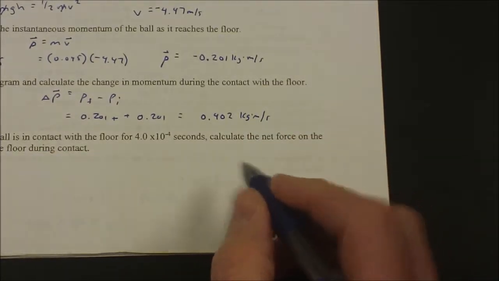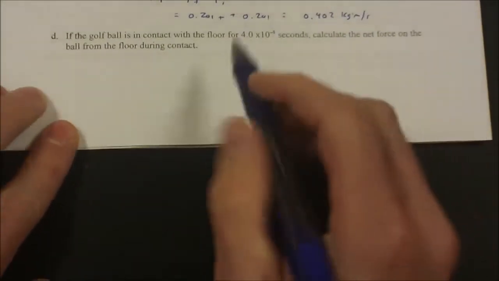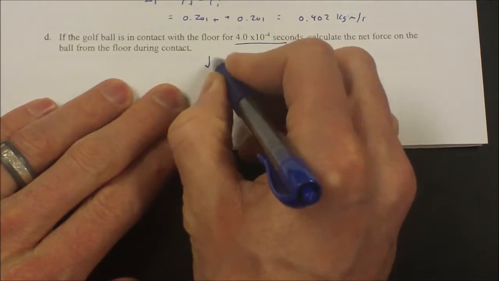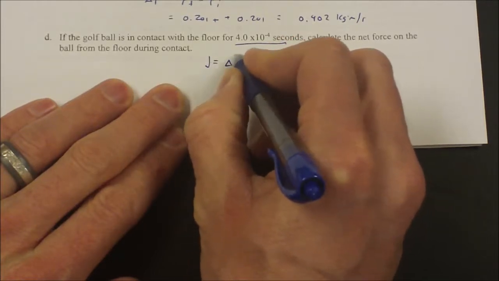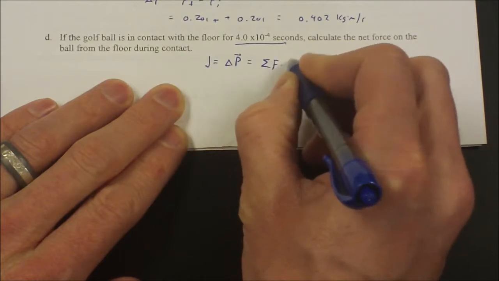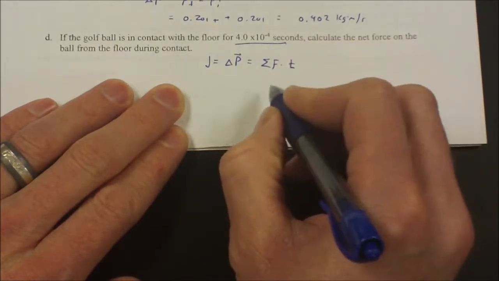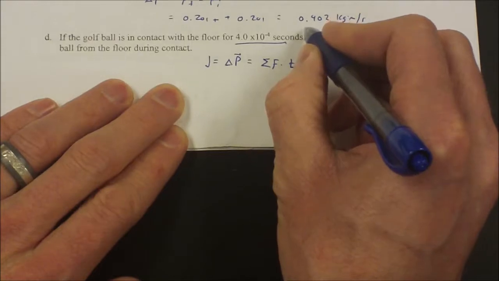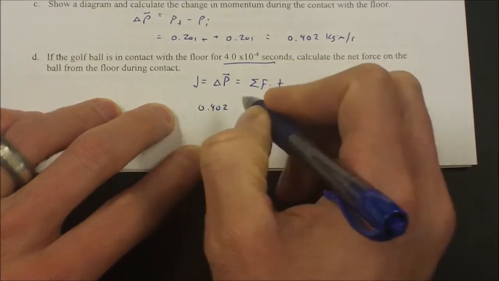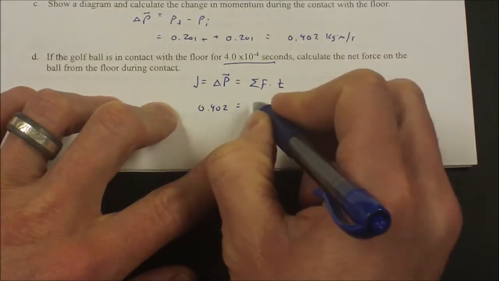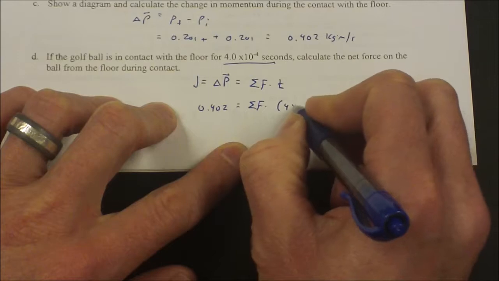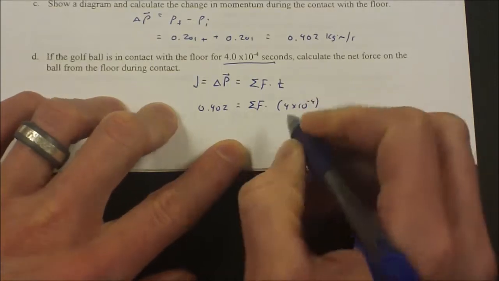And the last, if the golf ball is in contact with the floor for a given amount of time, we've done this a number of times already now, my impulse is going to be my change in momentum, and my impulse is calculated by doing force times time. My change in momentum is right there, 0.402, so I get 0.402 equals the unknown force on the golf ball times 4 times 10 to the negative 4.